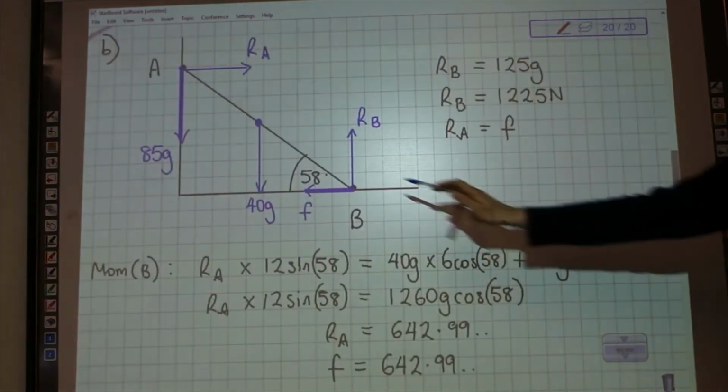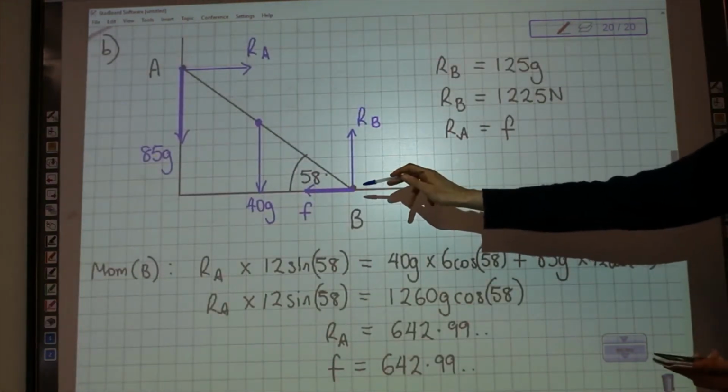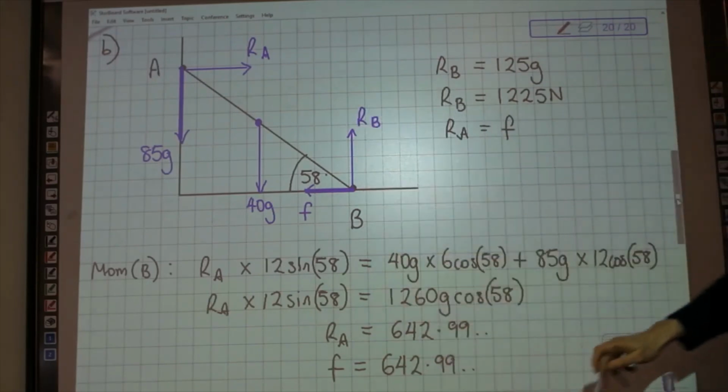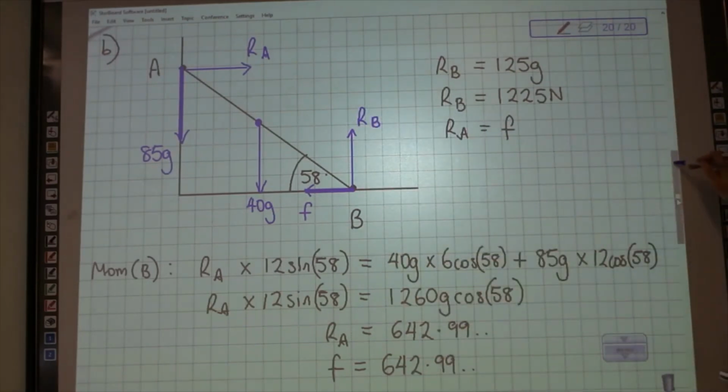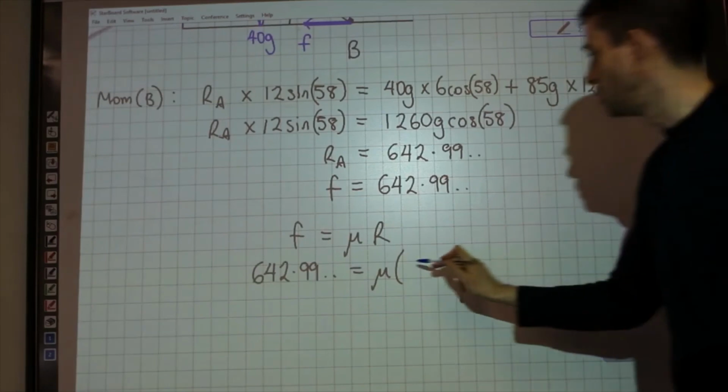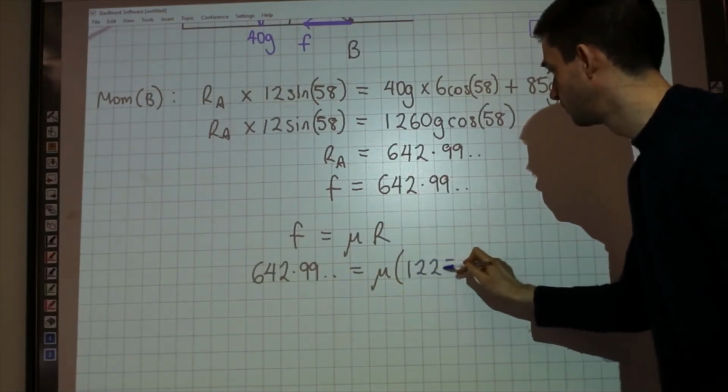Importantly though, it's the reaction at B, because that's where the friction's happening, not the reaction at A. The reaction at B I had already as 1,225 newtons.